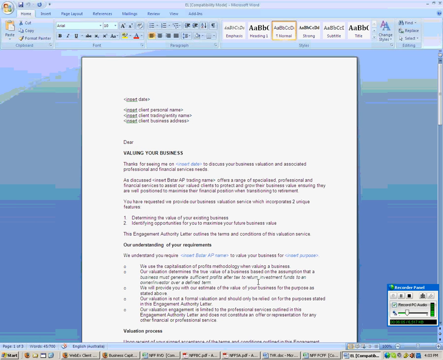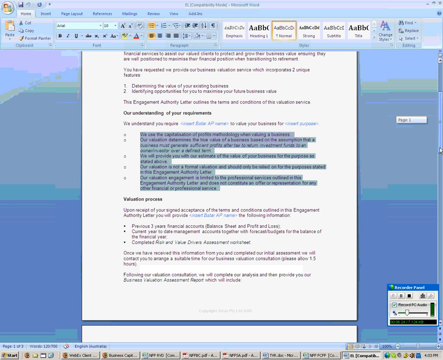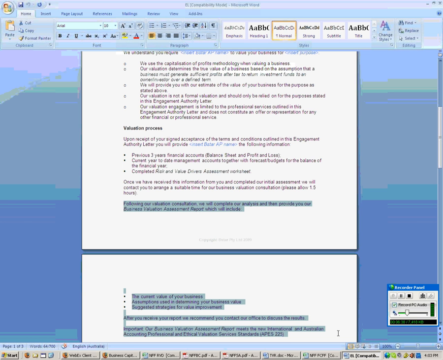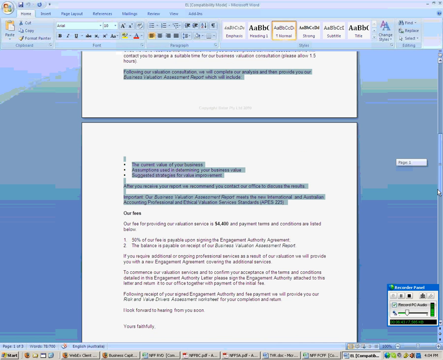The Business Valuation Engagement Letter outlines the purpose for the valuation, the calculator's methodology, what information is required from clients, what the client will receive, and fee terms and conditions.